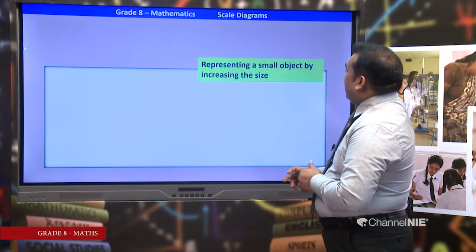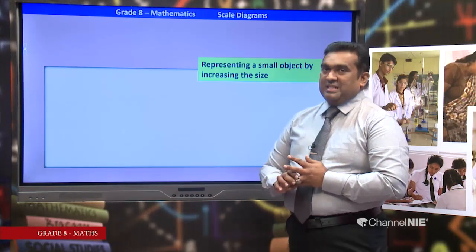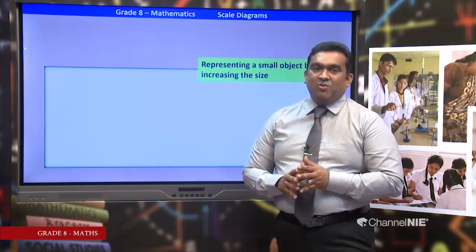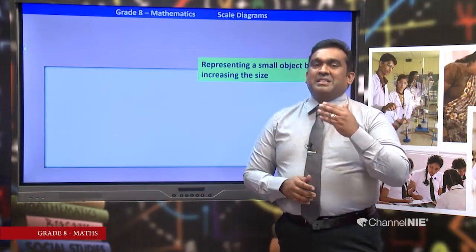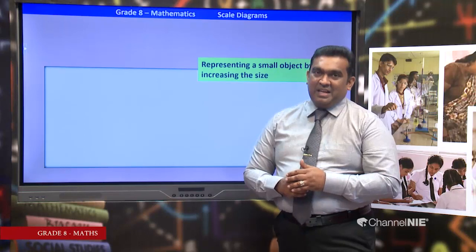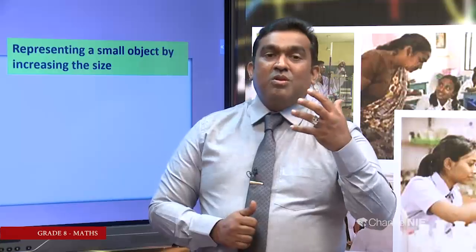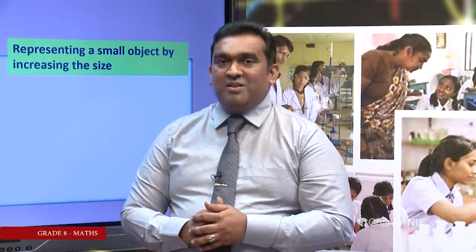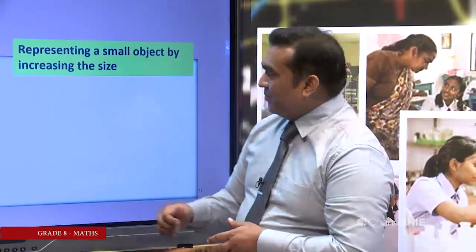Now representing a small object by increasing the size, not decreasing. In previous examples we discussed how to decrease the actual measurements or lengths according to the scale.